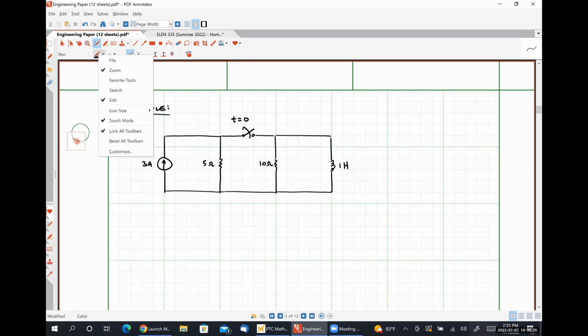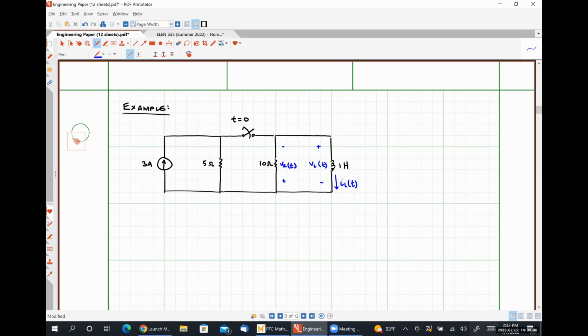The quantities of interest that I want us to determine are going to be the inductor current IL of t, the inductor voltage VL of t with this particular polarity, and the resistor voltage VR of t with this particular polarity.